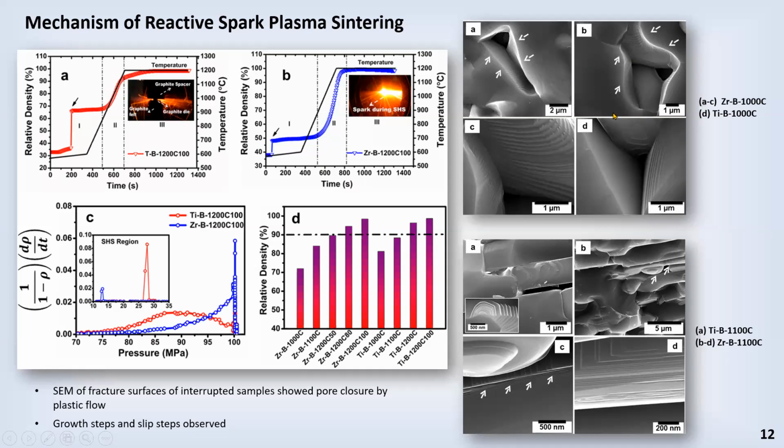And when we see it in SEM, we can see these mechanisms of plastic flow aided pore closure, and you can see the formation of TiB2 by this mechanism, and you can also see the plastic flow.